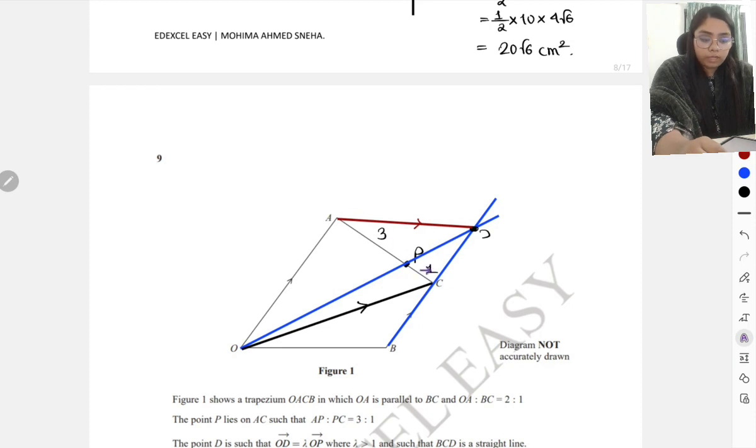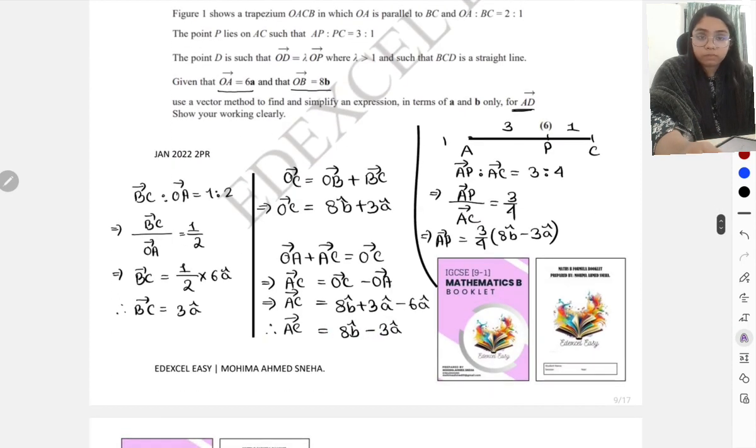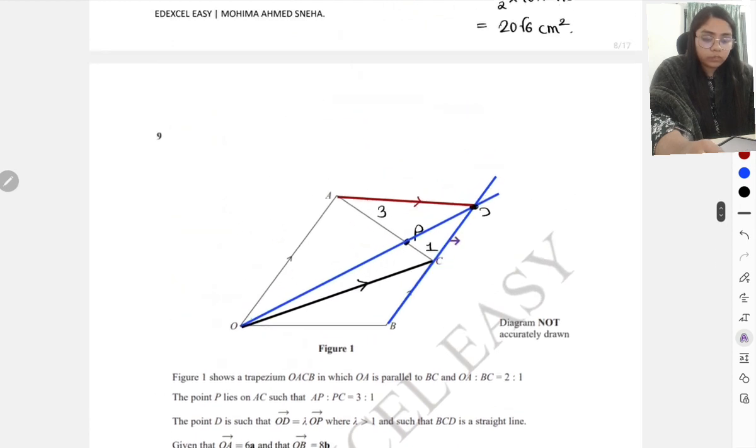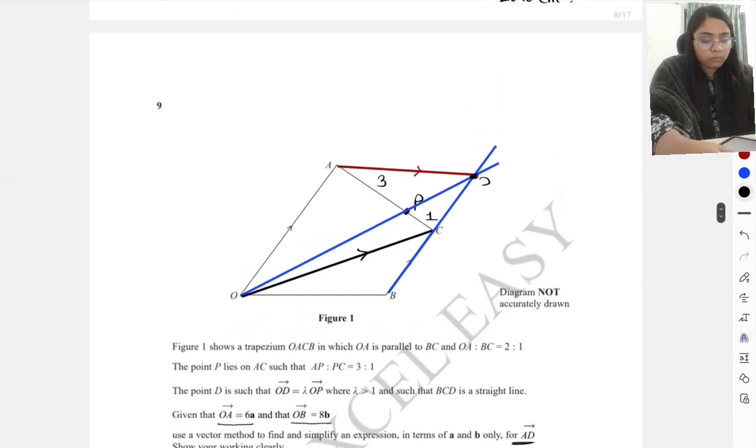Now we already have the vector AC. We calculated that over here, which was 8b minus 3a, and we can clearly see that, as BCD is a straight line, CD would be something related to BC. So it might be like mu times BC. Since lambda is already being used, we can obviously use mu over here.